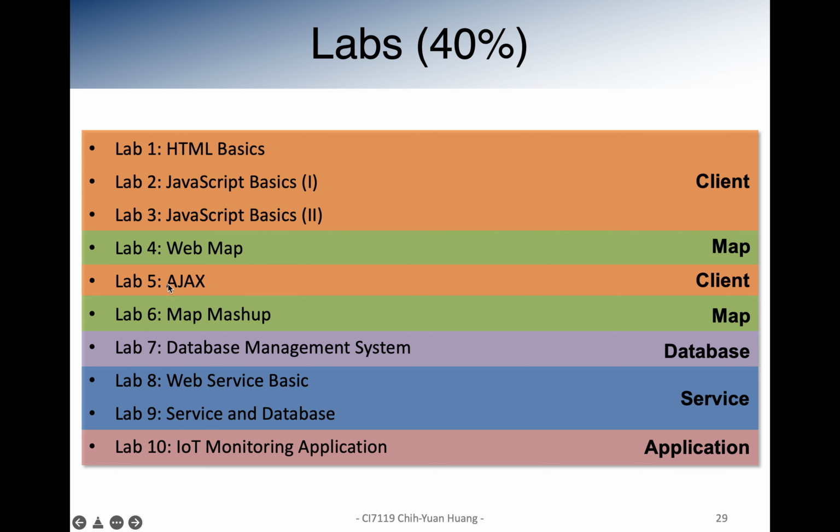And Lab 5 is an important technology called Ajax. It allows the web mapping client to dynamically send web requests to the service and retrieve new data, basically doing dynamic, synchronized communication between the web client and web service, so that you can achieve a more dynamic application.